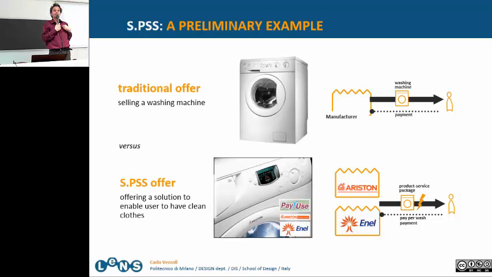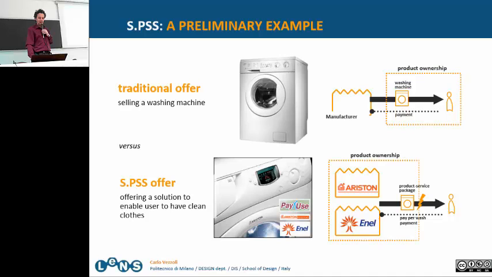What I really want is not the washing machine, but to have clean clothes. Alright? So there is a shift, a clear business shift within this. Here I want to highlight something about product ownership.